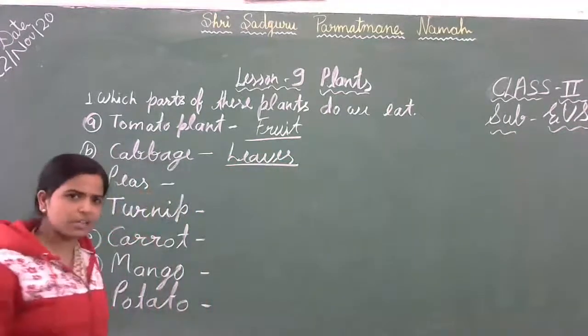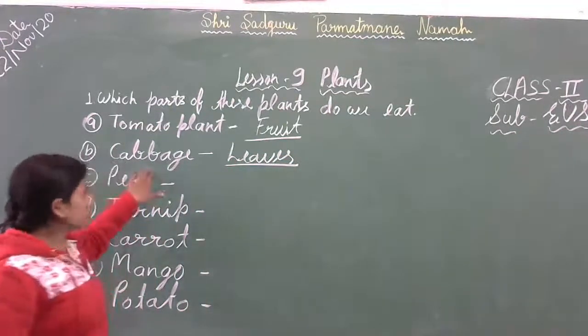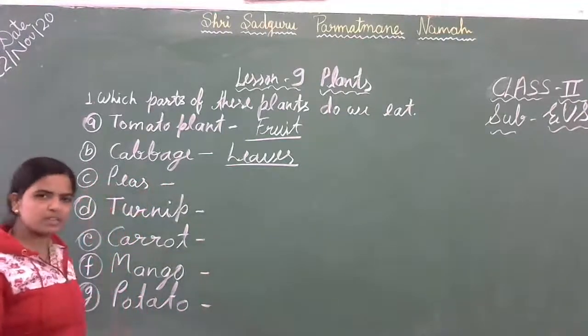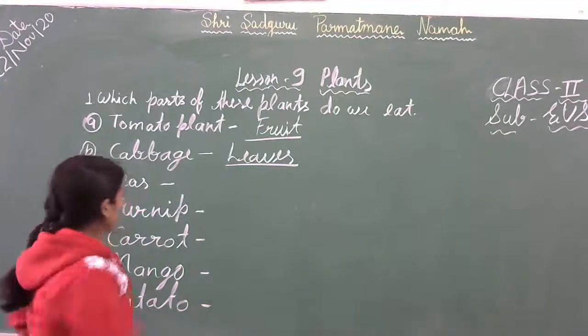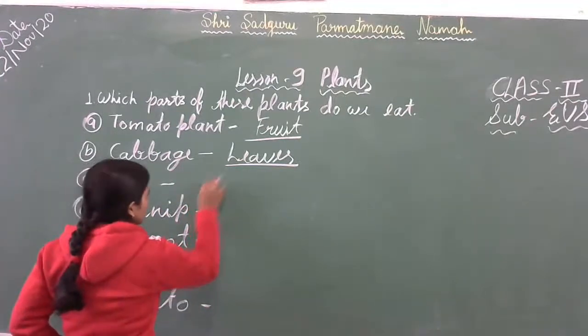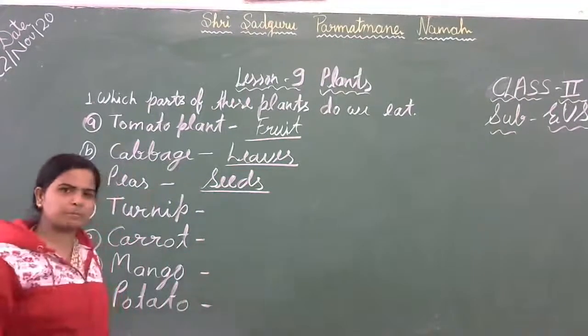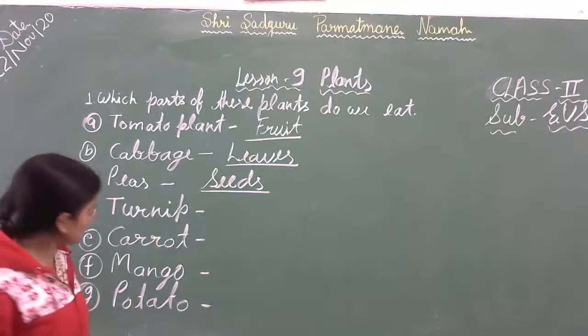We eat leaves part of the cabbage plant. Next is peas. Peas, we eat seeds part.